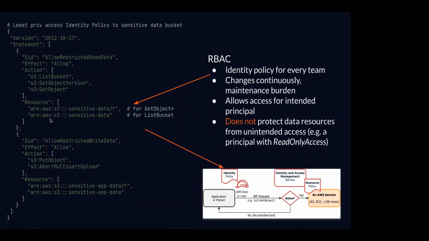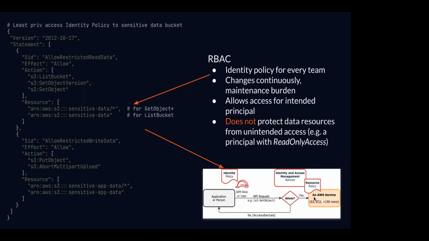what the resources being allowed in that resource element section are. Now, on the good side, it does allow access for the intended principal, but because identity policies are generally managed just on the principal side, it doesn't protect data over here from unintended access. Unintended access can occur when something like, say, a third-party monitoring tool gives read-only access, which gives that role the ability to call S3 get object on any object in the account, even though it has no business requirement to do so.